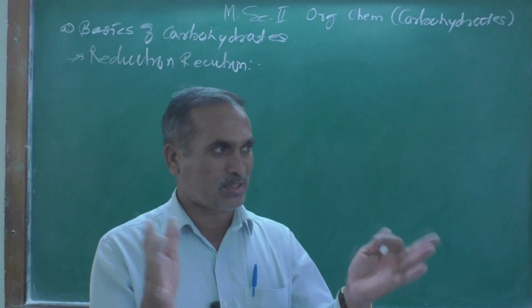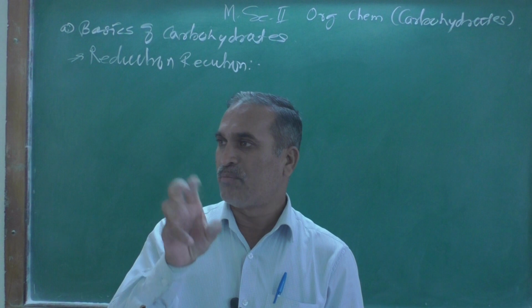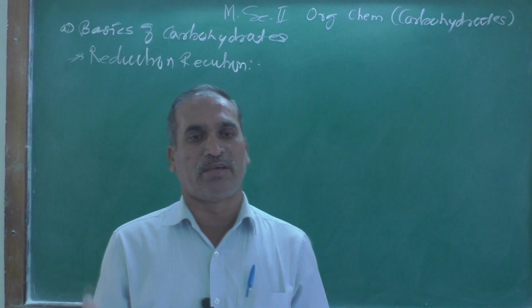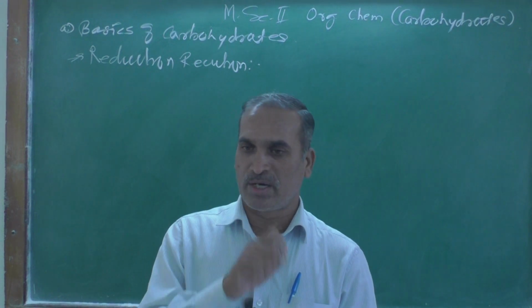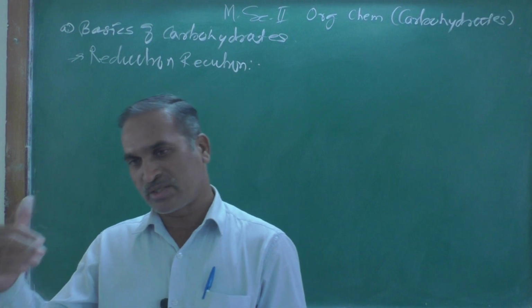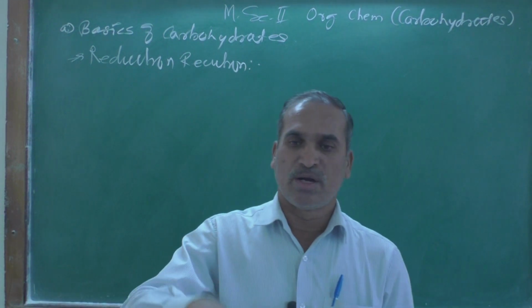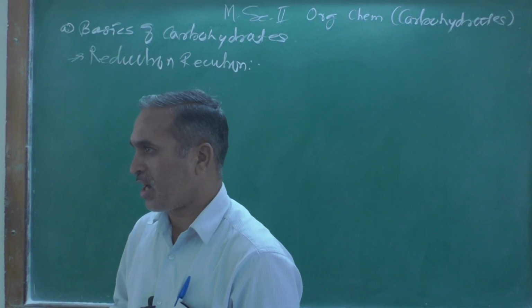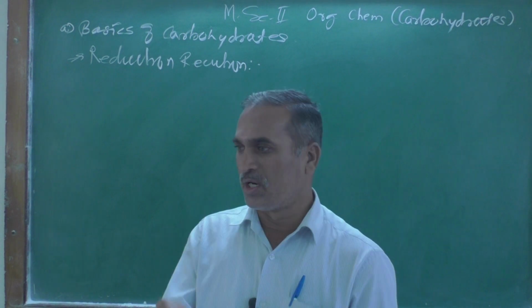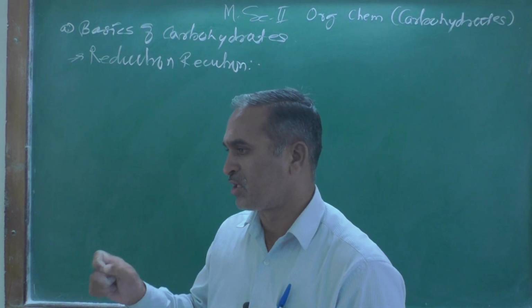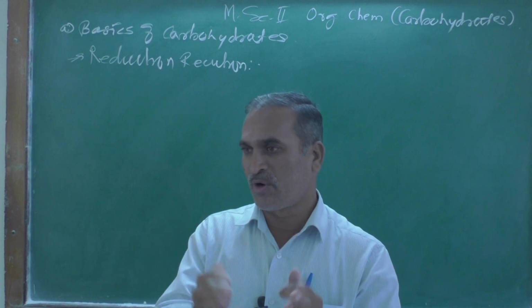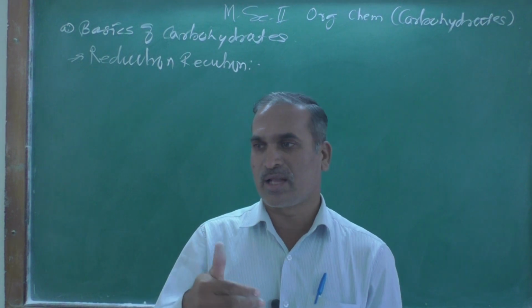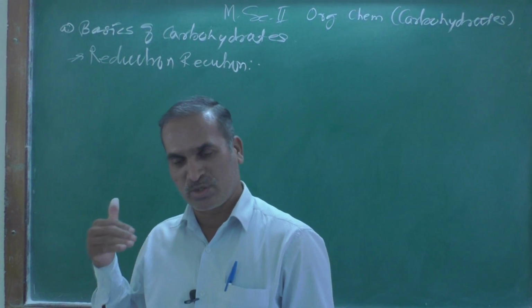The classification of carbohydrates is broadly divided into three types: monosaccharide, oligosaccharide, and polysaccharide. Monosaccharides are single sugar units that do not reduce further. For example, glucose, fructose, pentose are examples of monosaccharide.